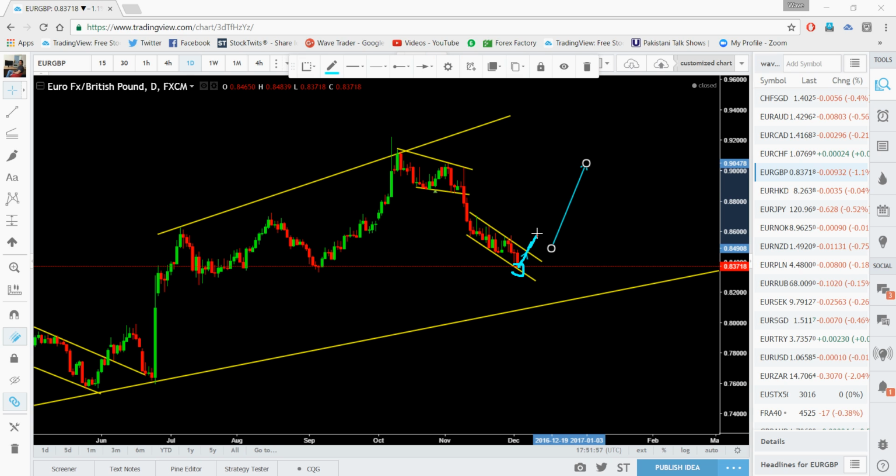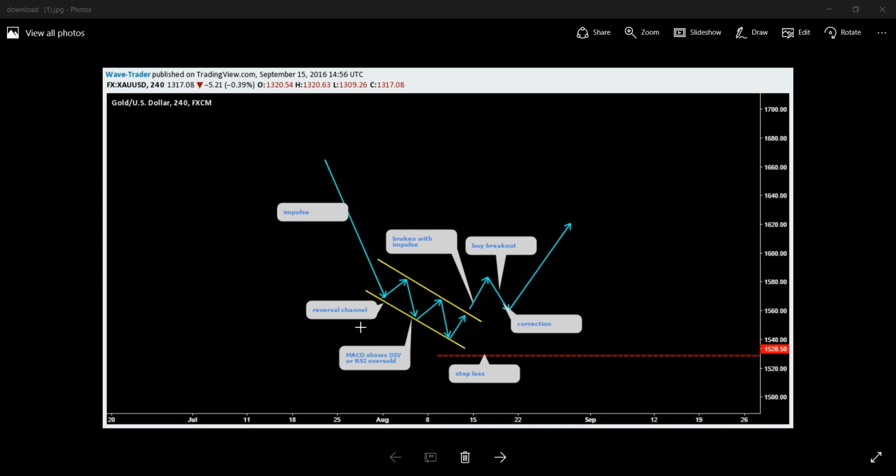And if price breaks through with strong impulse, and if you miss that impulse, then we're going to look for a continuation pattern for the upside. So we repeat this practice every time. We are anticipating this impulse and we are trading within this channel for a short period of time.